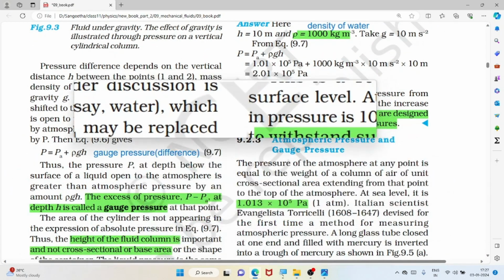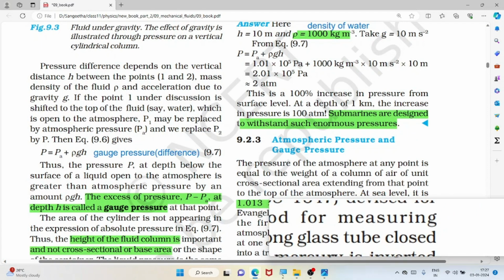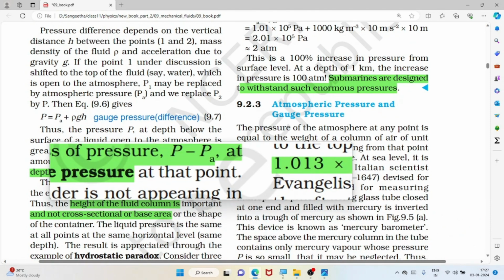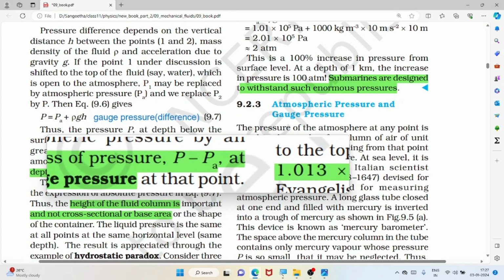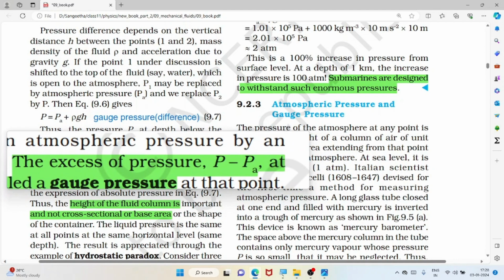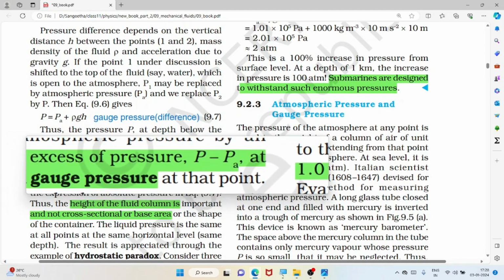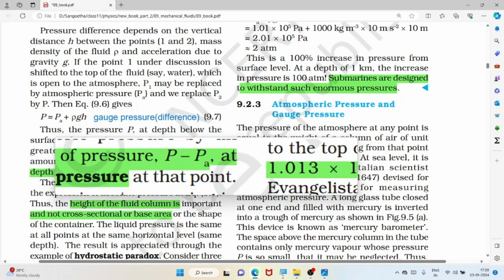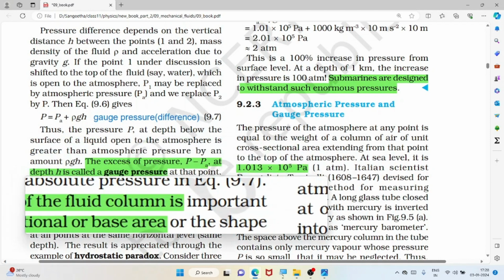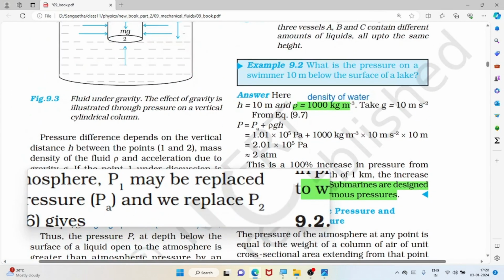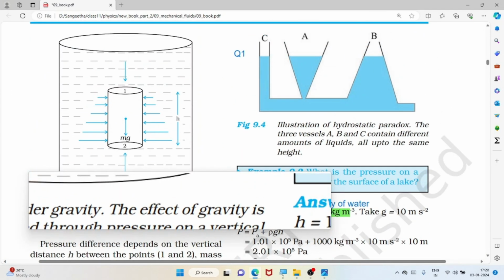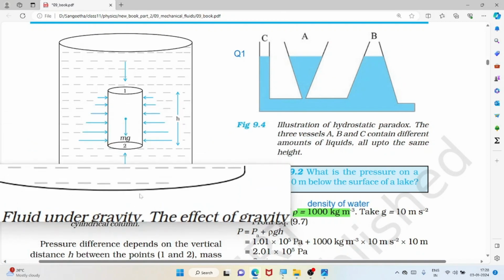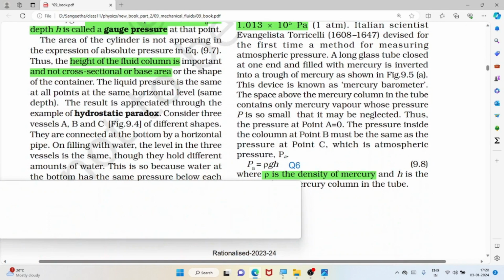The difference between the gauge pressure and the absolute pressure: gauge pressure is the difference between the atmospheric pressure and the absolute pressure inside at a certain depth. P is the absolute pressure at a certain depth and A is the atmospheric pressure. The difference is the gauge pressure.